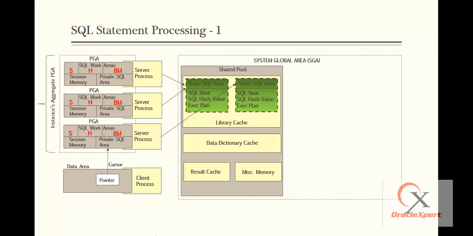A private SQL area internally, although it's not shown in my diagram here, is also divided into something called a runtime area. A runtime area contains query execution state information. The runtime area tracks the number of rows retrieved so far by a given statement.